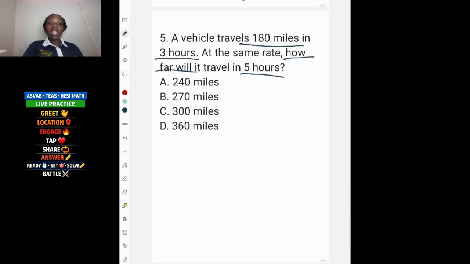Since they said the same rate, let me write that. Distance is 1 area miles, then time is 3 hours, right? So what is rate?